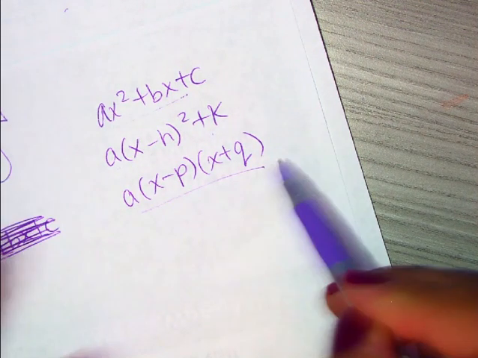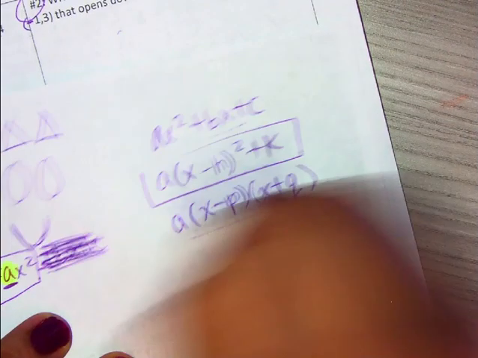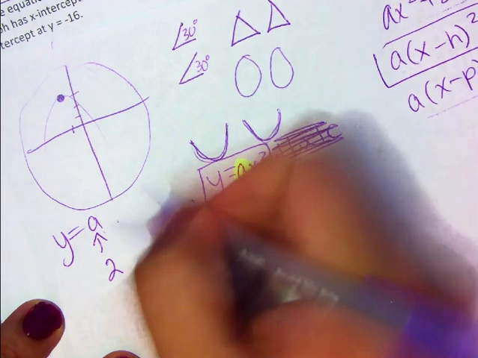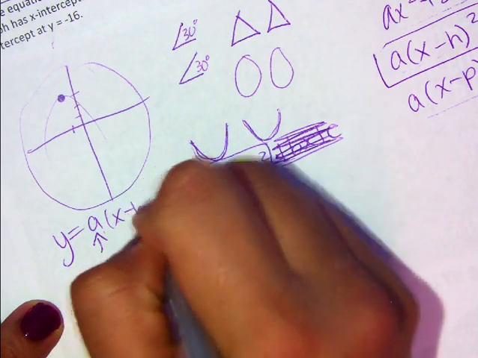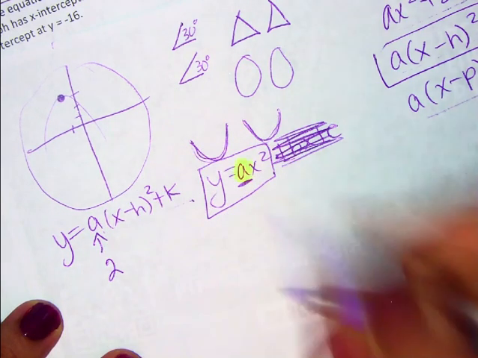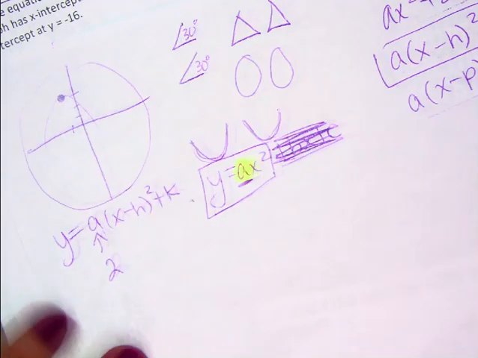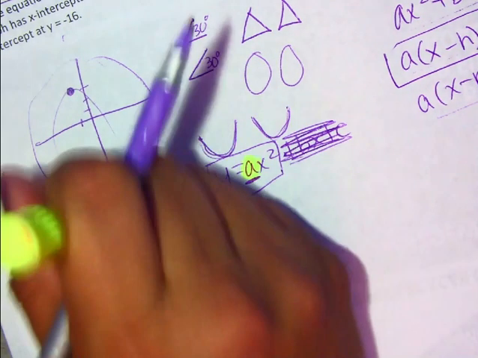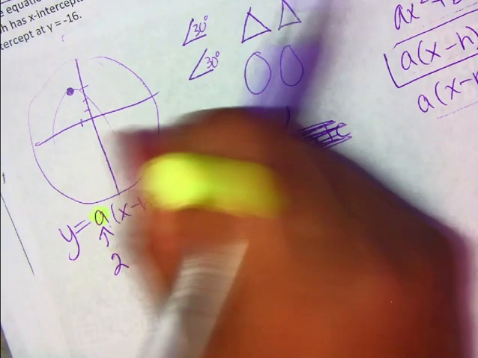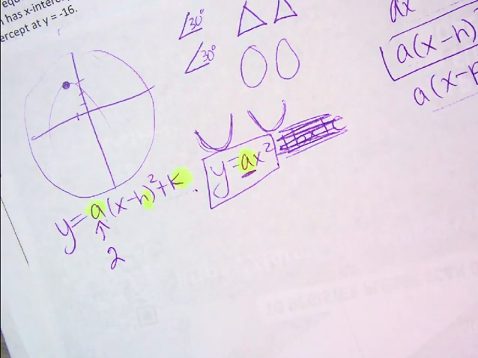So the fact that you are given a vertex, you're going to use the vertex form. So that's what we're going to write right here: y equals a(x minus h) squared plus k. Now we just need to make sure we have all 3 values of a, h, and k replaced, and you're done.